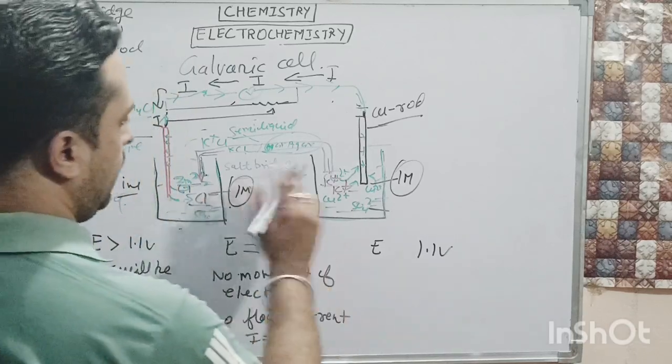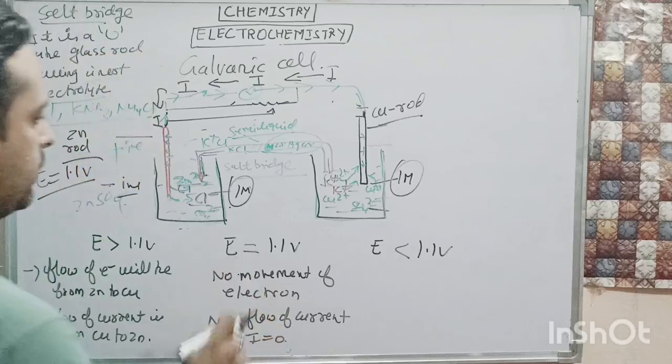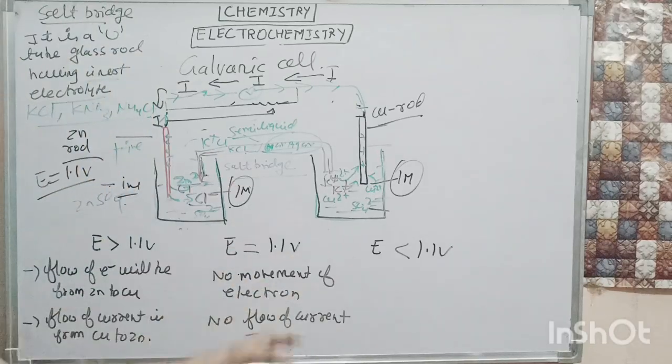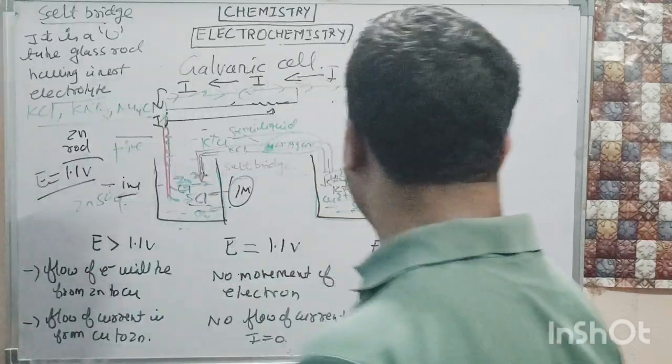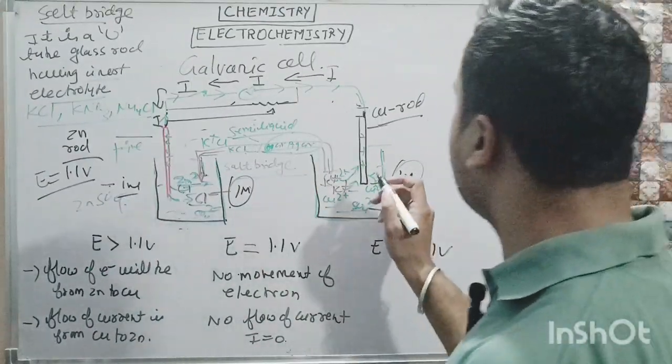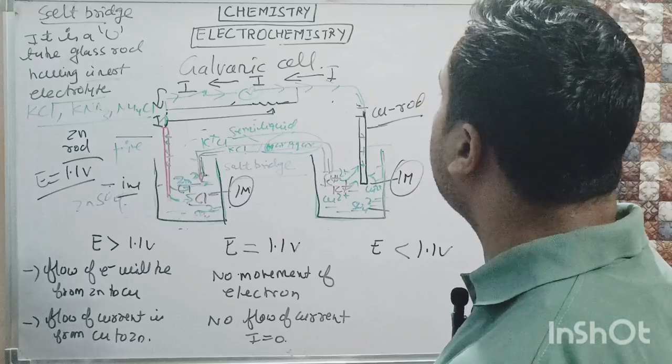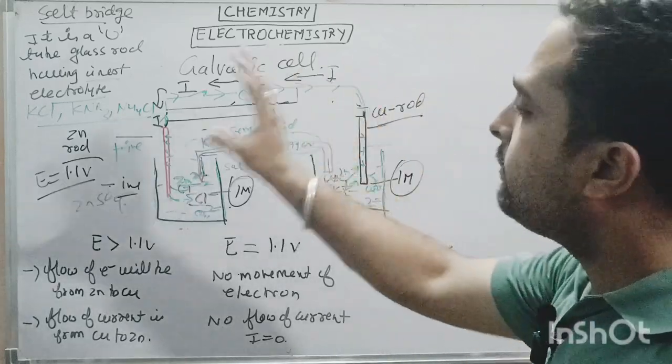Suppose we increase the potential beyond 1.1 volt. When we increase the potential to more than 1.1 volt, what will happen? The polarities will change.